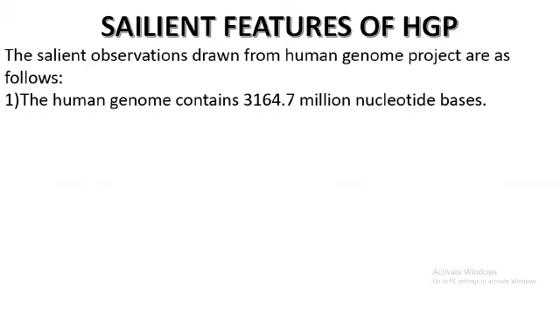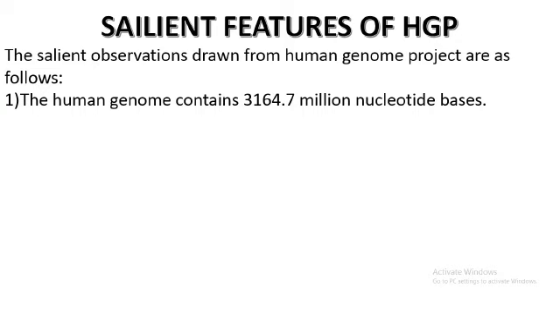Earlier it was told to be 3 into 10 to the power 9 base pairs. Almost the same. So the first belief scientists had about the human genome, regarding the number of nucleotides, is almost correct.